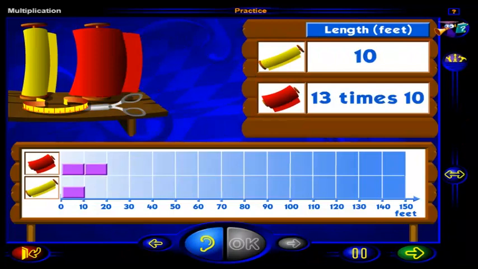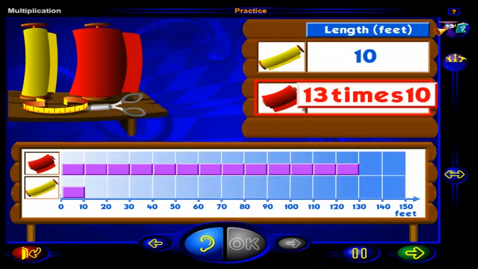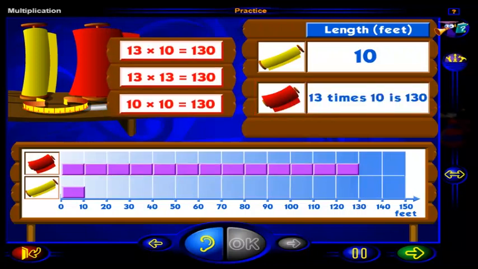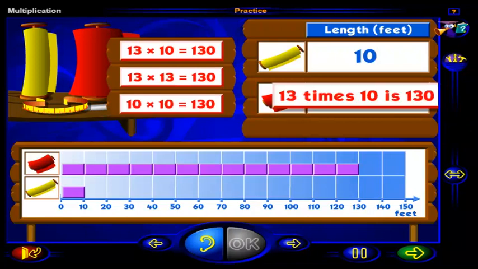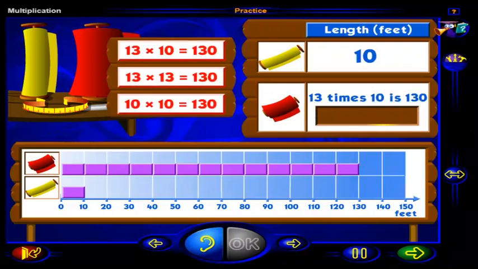So, 13 bars show that the length of the roll of red material is 13 times 10 feet, or 130 feet. Which number sentence can you use to show that 13 times 10 is 130? Drag a number sentence here, then click OK.